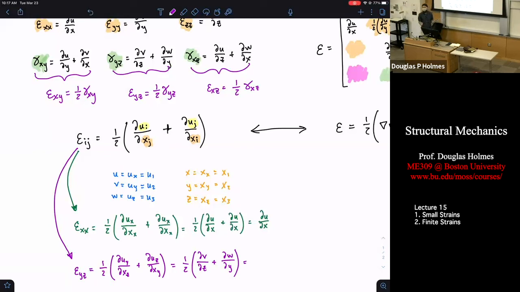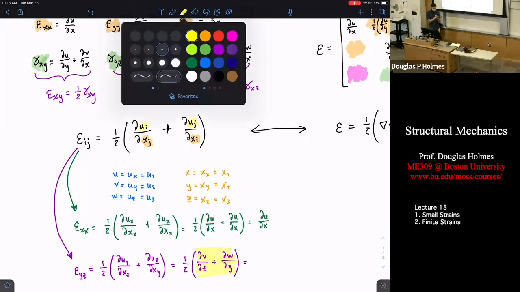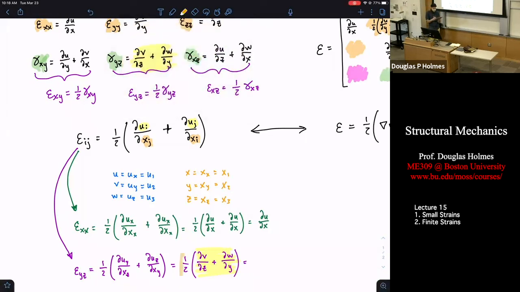And here's where you'll notice where the gamma epsilon thing comes in. Because look, this is this. But in order to make the math work out for all the components of the strain tensor, we have to have this extra 1/2 in there. Remember, because if we didn't have the 1/2 in there, then our normal strains would have been wrong.